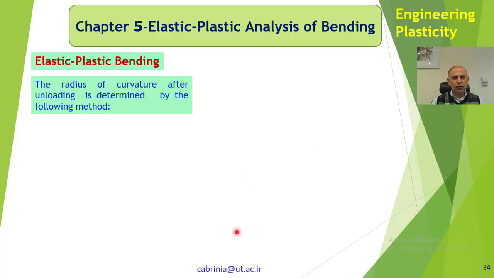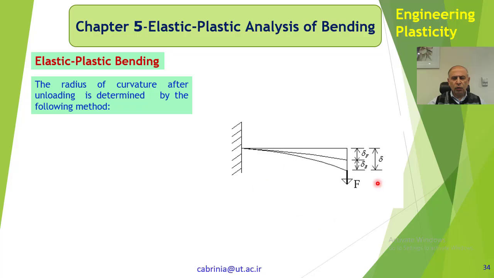Now, the radius of curvature after unloading is determined by the following method. We want to determine the radius of curvature after unloading. So that's the radius of curvature when it is fully loaded. Then if we take off the load, the beam goes back to here, not to its original place, because there is some plastic deformation.